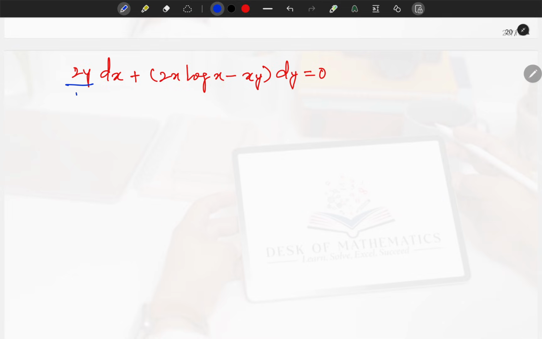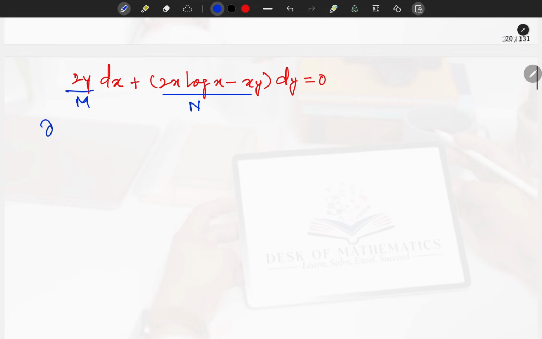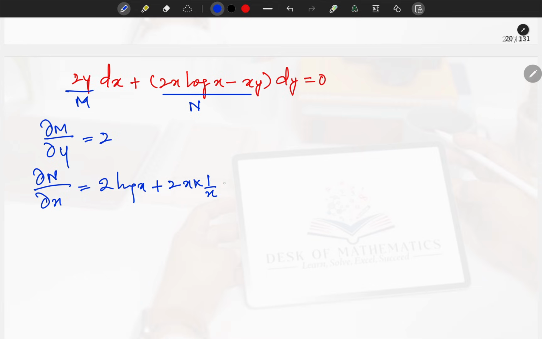You will check that this one is your M and this one is your N. So ∂M/∂y is 2, and ∂N/∂x is 2 log x + 2x(1/x) − y, so you will get 2(1 + log x) − y. You will check that these two are not equal.